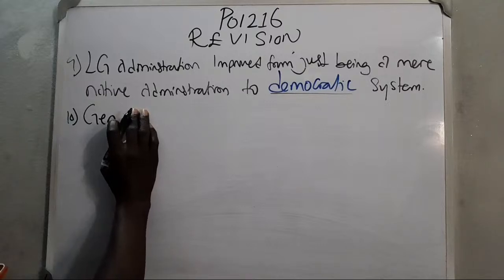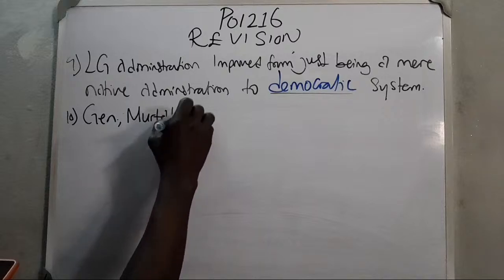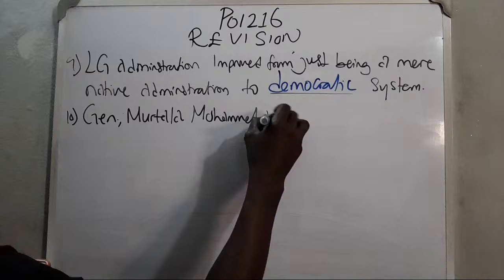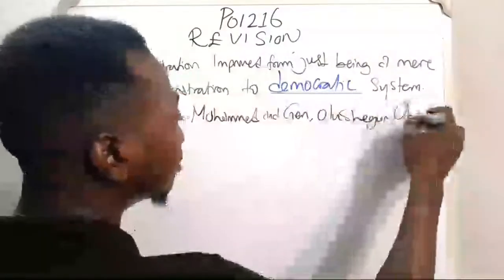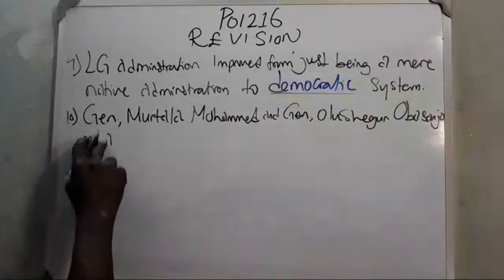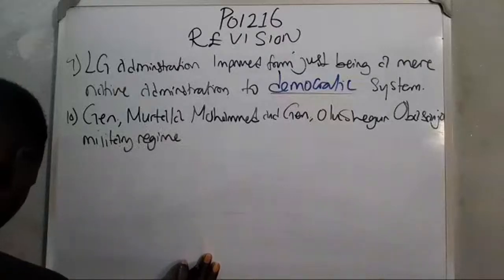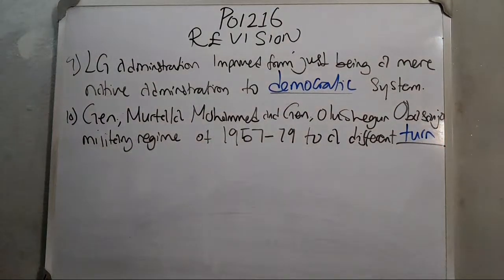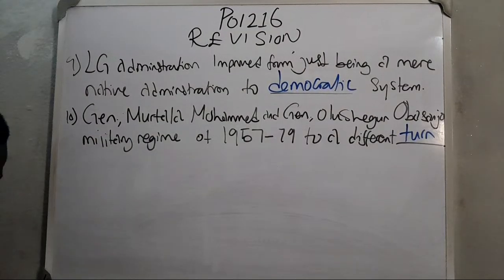General Murtala Muhammad and General Obasanjo military regime took a different turn as they introduced what we call the guideline for local government reform.